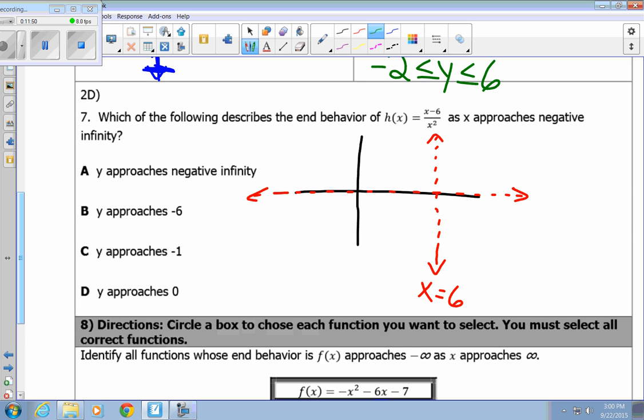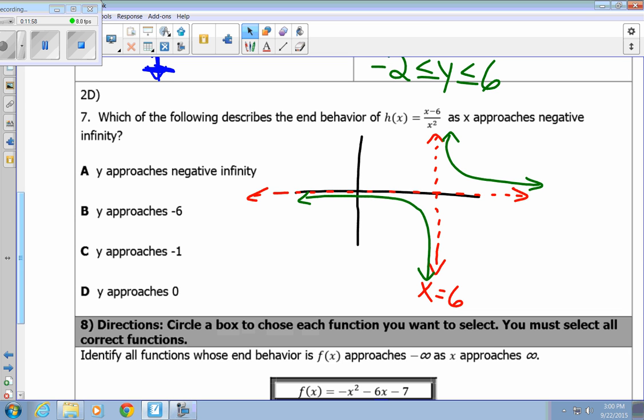Graph is a rational function. So when you're doing this, you have to look at which of the following describes the end behavior of this function as x approaches negative infinity. So as x approaches negative infinity, that is the left side of the graph.